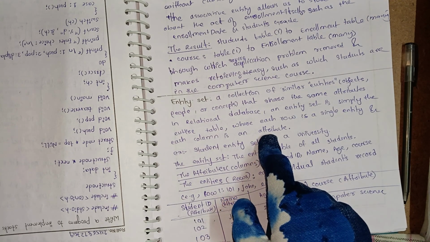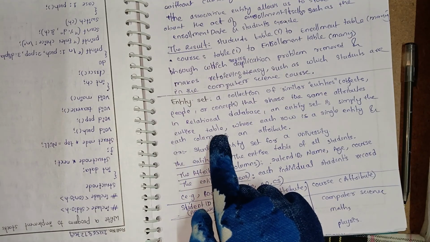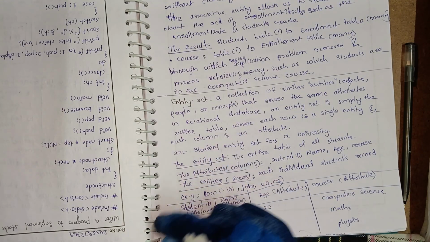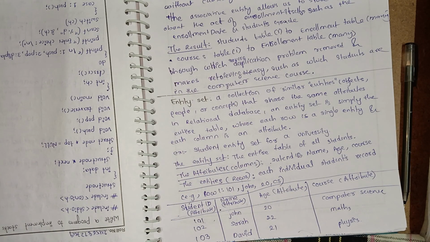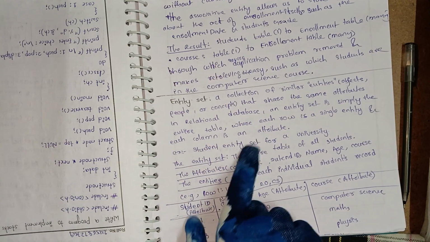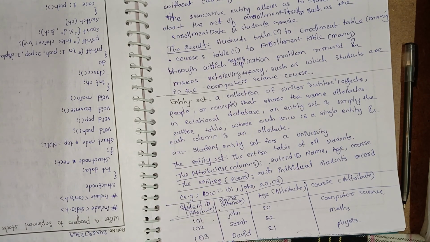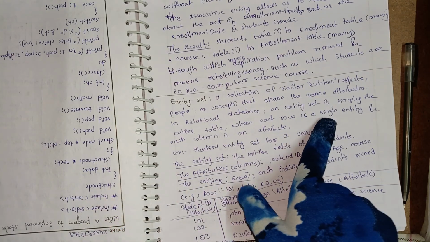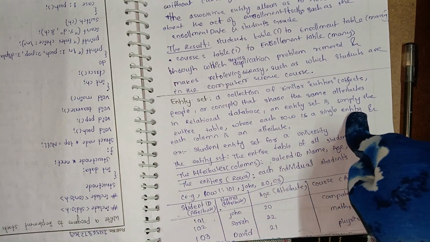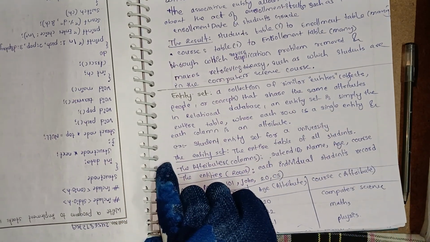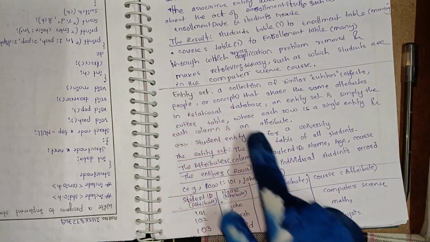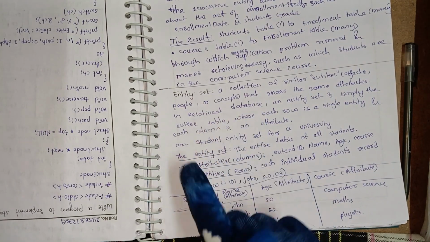Entity set is a table, the entire table, where each row is a single entity and each column is an attribute, which is the same attributes for all these individual entities, which satisfies the entity set definition.